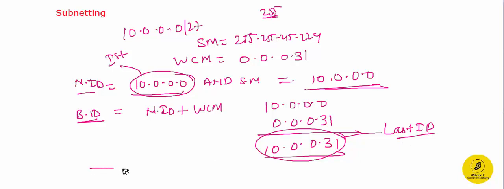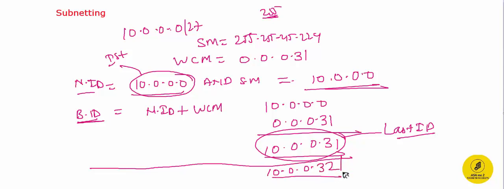Now, what will be the next network? That is just right after this, 10.0.0.32. This is where the next network starts for a /27. Now in this network, how many IPs do we get? The network starts at 10.0.0.0 and ends at 10.0.0.31.